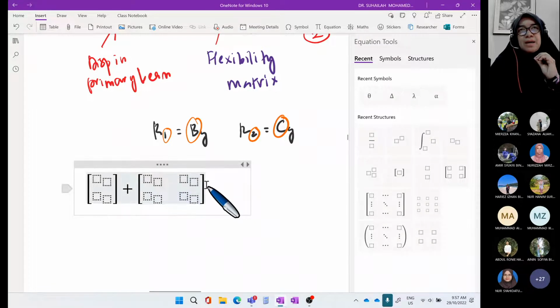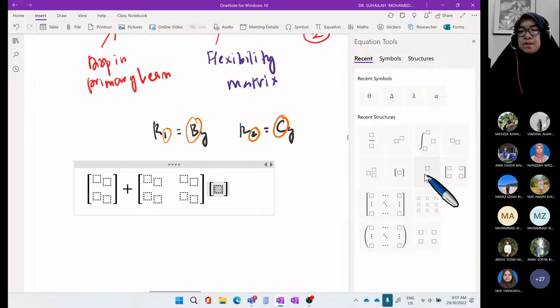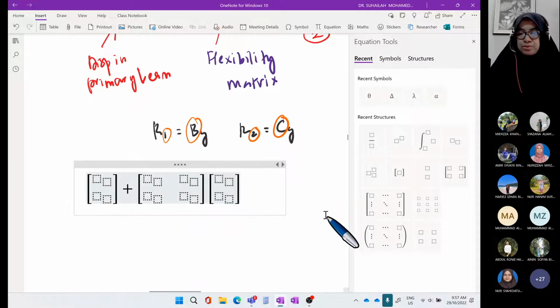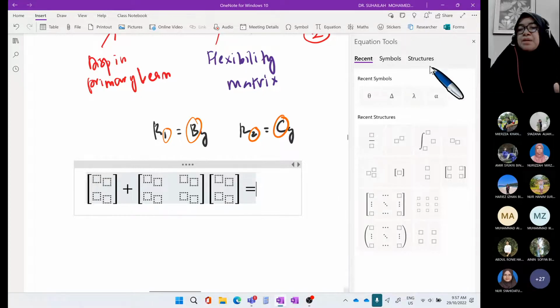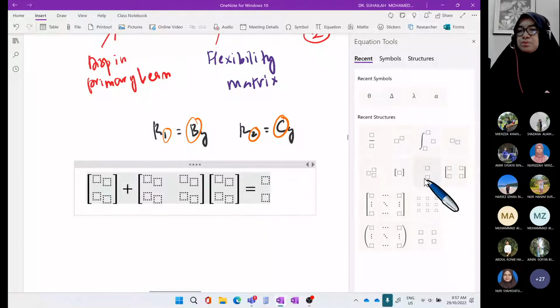Again, the flexibility matrix cannot stand alone. We must multiply with redundant number 1 and redundant number 2. And this is equal to the displacement at both redundant positions in the actual beam, redundant 1, redundant 2.